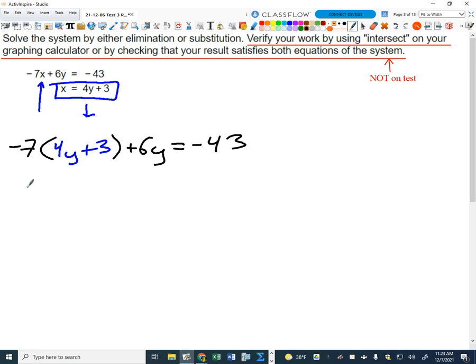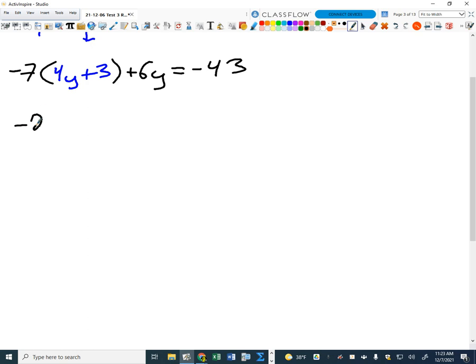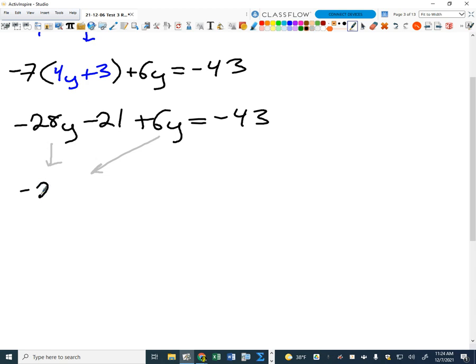If I distribute the -7, I'm just going to get -28y minus 21 plus 6y equals -43. And I can combine like terms. -28y plus 6y is what? -22y.